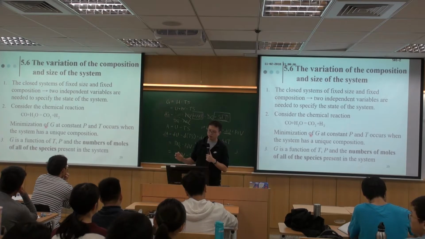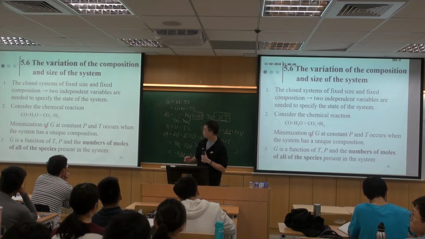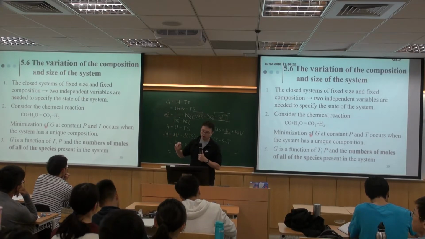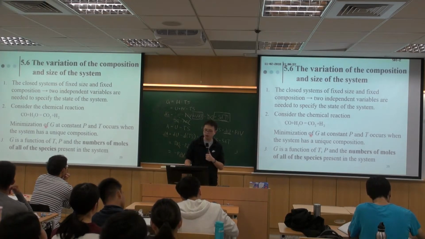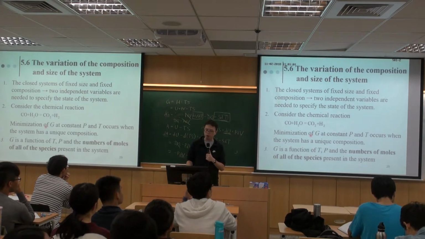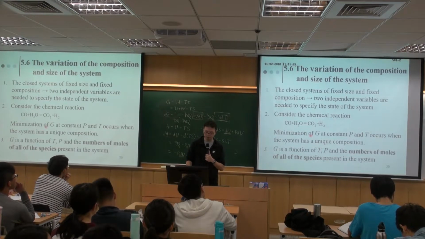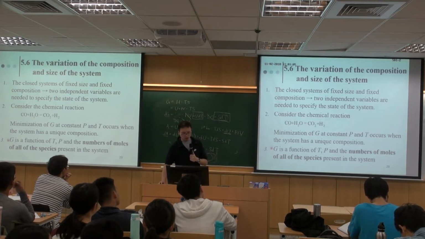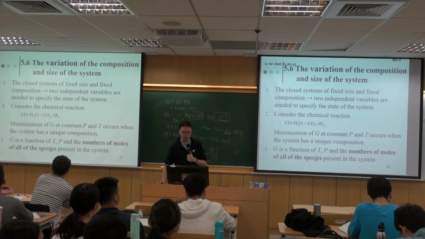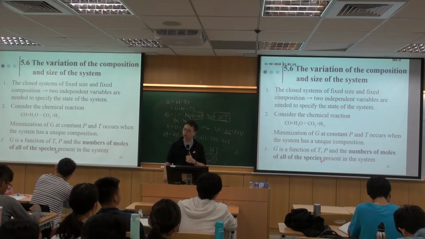So that also has to be included to have an exact expression for Gibbs free energy. That is the case when you are dealing with material systems with more than one species of chemicals. Therefore, Gibbs free energy is a function of, of course, temperature and pressure, and also the numbers of moles of all of the species present in the system.